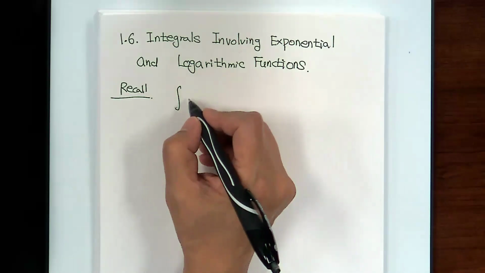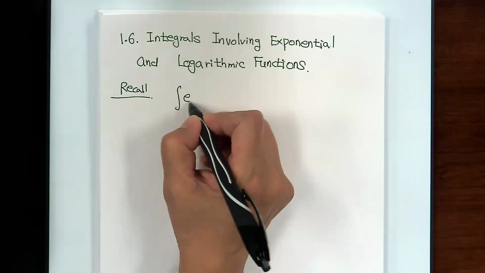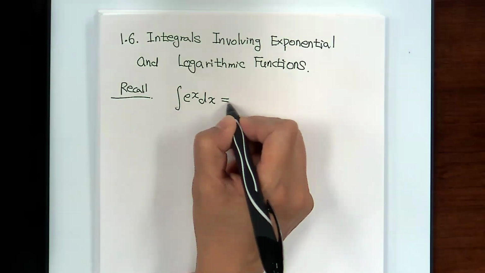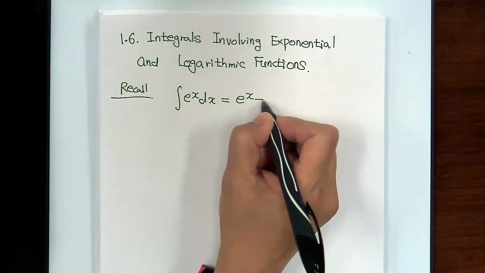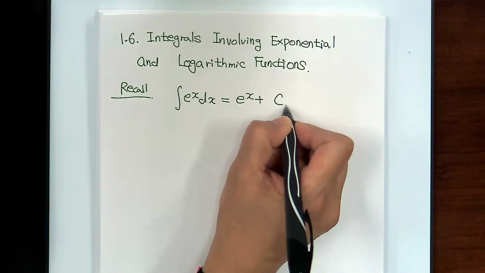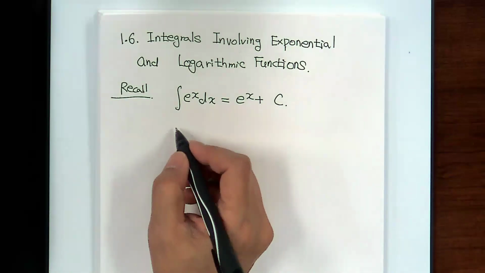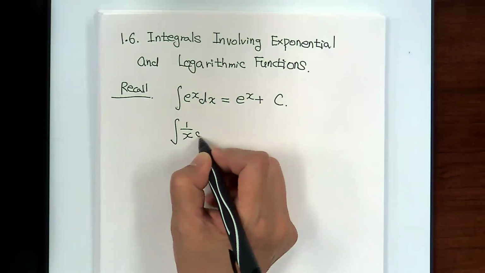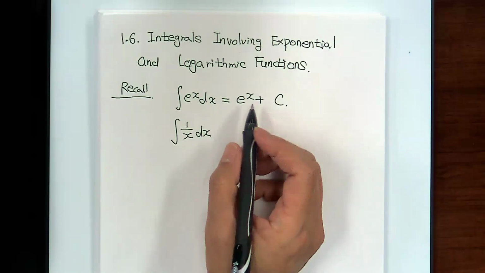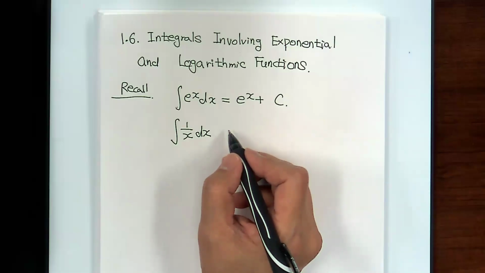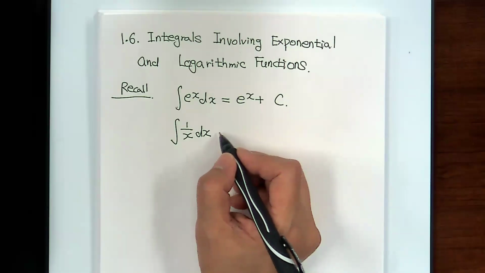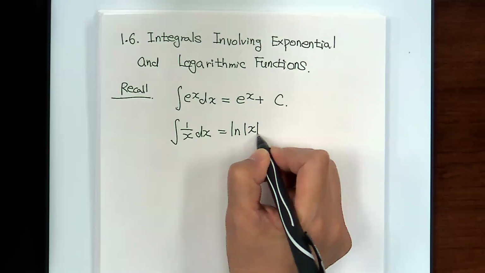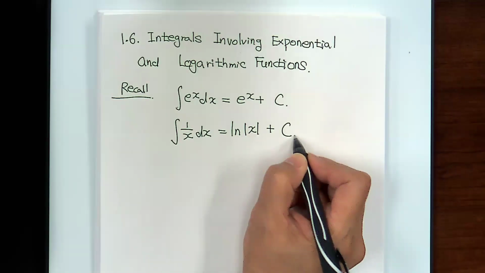Let me remind you the antiderivative formula for the exponential function. That is the exponential function itself if the base number is e, and if we integrate 1 over x, then that is natural log of absolute value of x plus c.